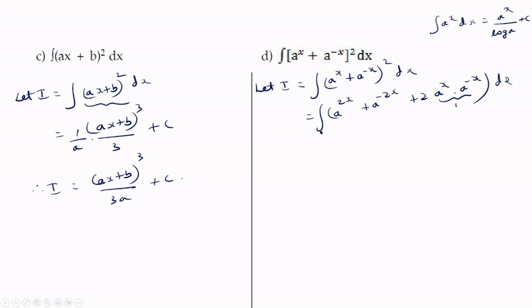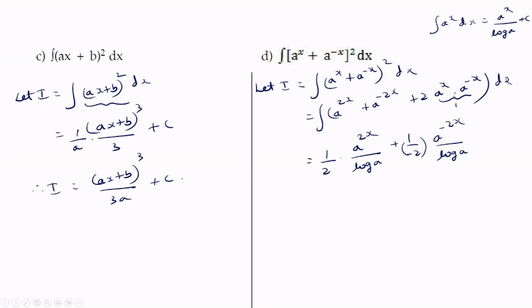Here we have integral a raised to 2x. So here the coefficient of x is 2. So this is 1 by 2 into a raised to 2x upon log a. Plus, here the coefficient of x is minus 2, so 1 by minus 2 into a raised to minus 2x upon log a.